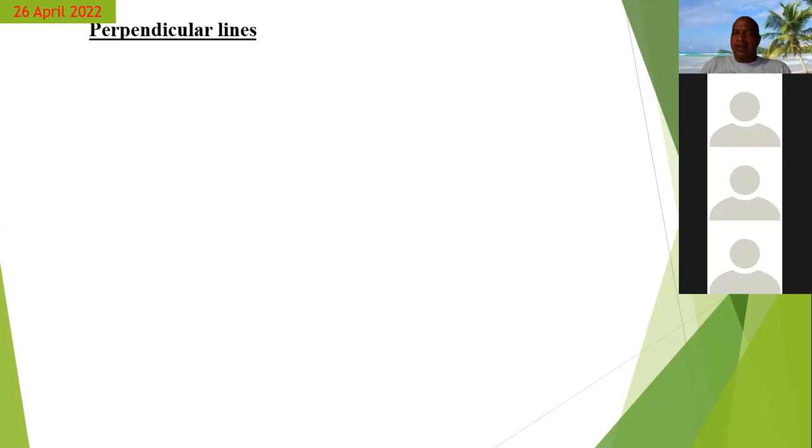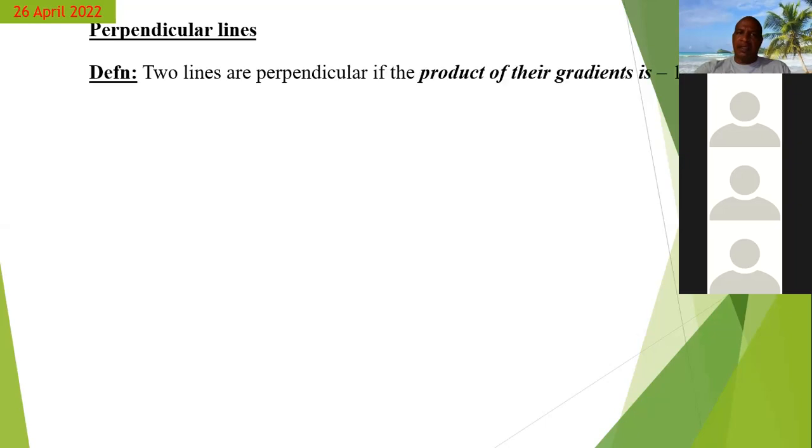Yes, sir. So in this case, perpendicular lines, one would be at right angle to the other. And so where they intersect, they will form a right angle. So two lines are perpendicular and this is a property too in terms of their gradients.